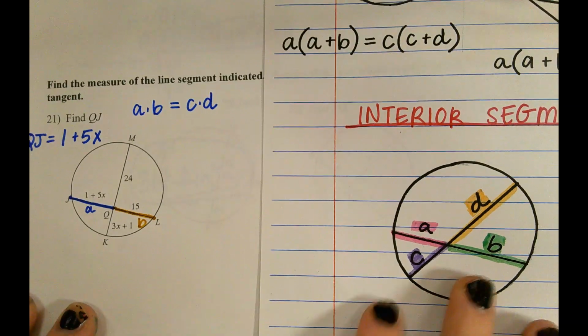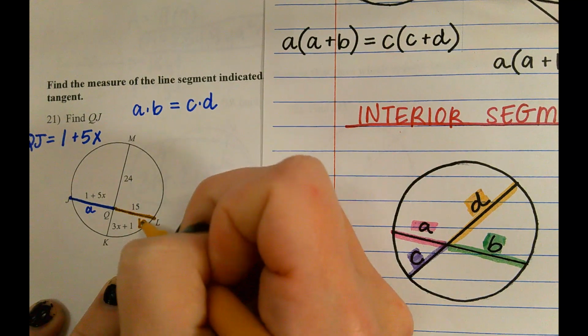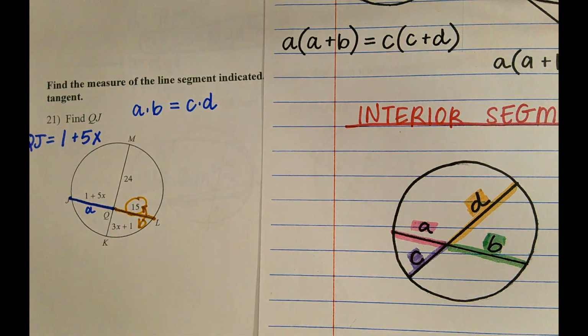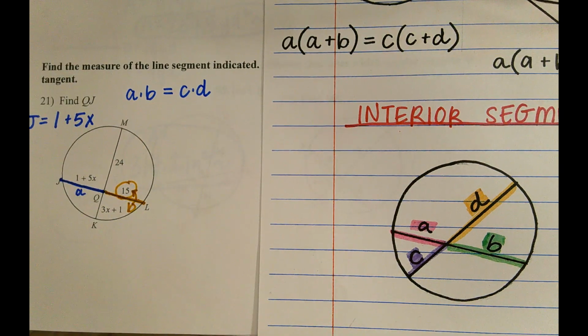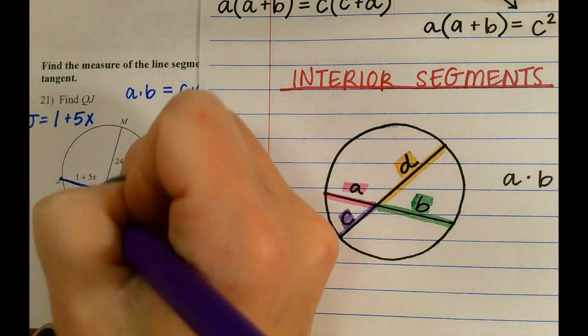So I know A is 1 plus 5x. I know B is 15. What would C be labeled as? 3x plus 1. Perfect.